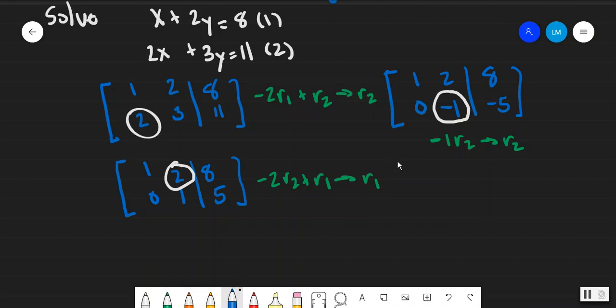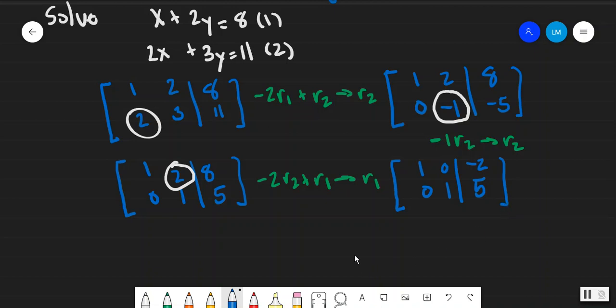In this case, this gives us 1, 0, 0, 1, followed by a 5, and then negative 2 times 5, which is negative 10, plus 8 is negative 2.